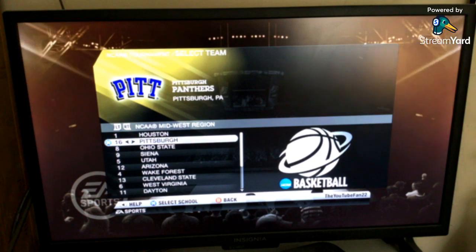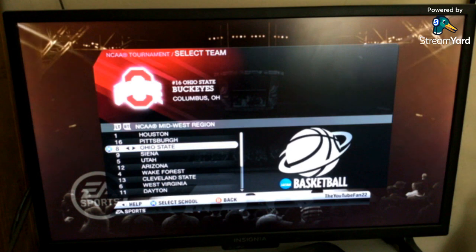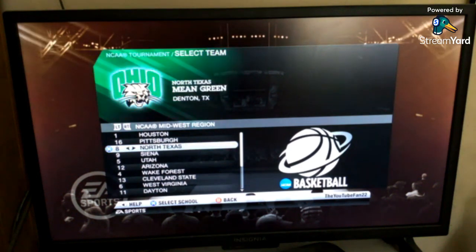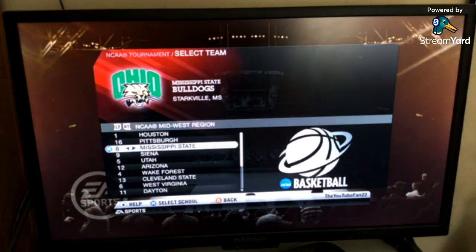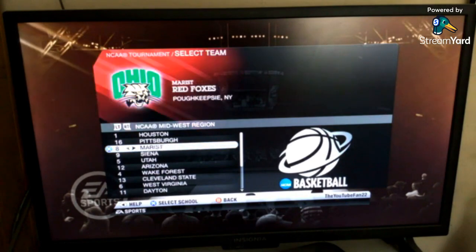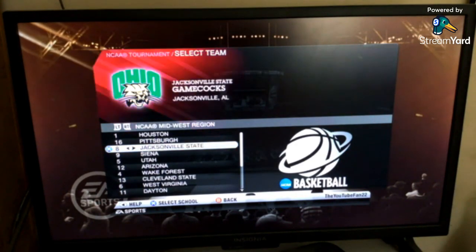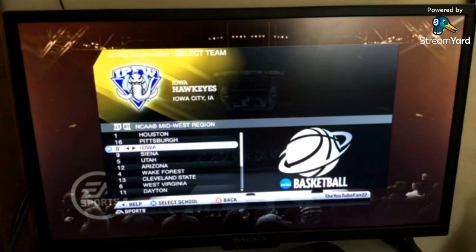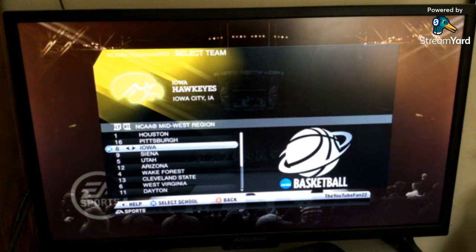And then we are going to go ahead and go now with the 8th seed, which is Iowa. So it is a Big Ten team, just not that Big Ten team. There's Iowa. All right, next up is Auburn.